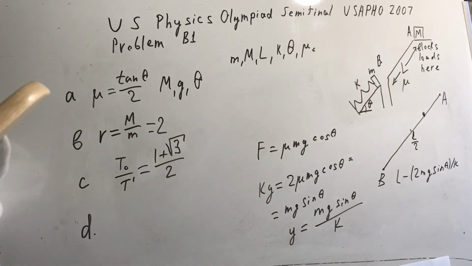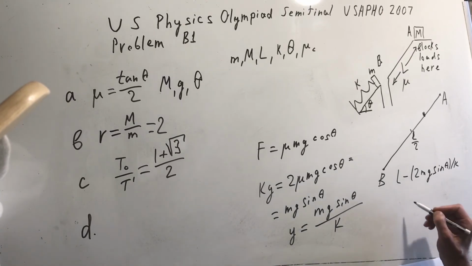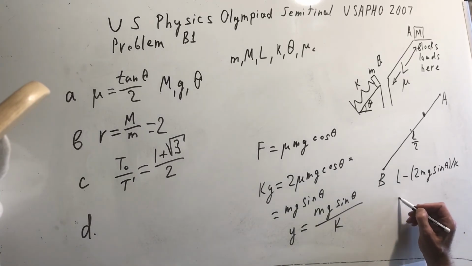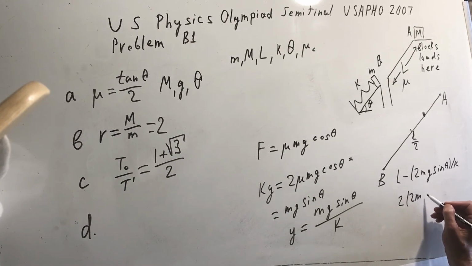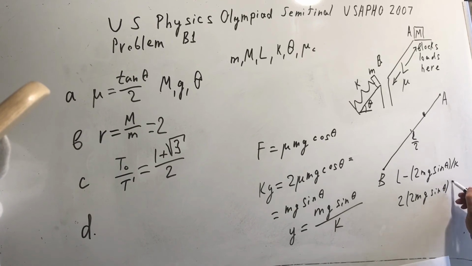And after that, when we go up, we will stop at a point two times 2 mg sine theta over k, and so on.